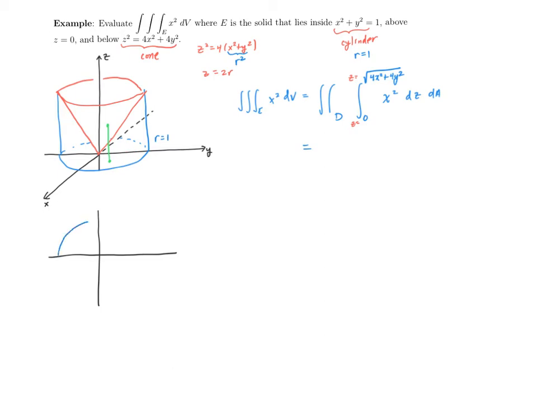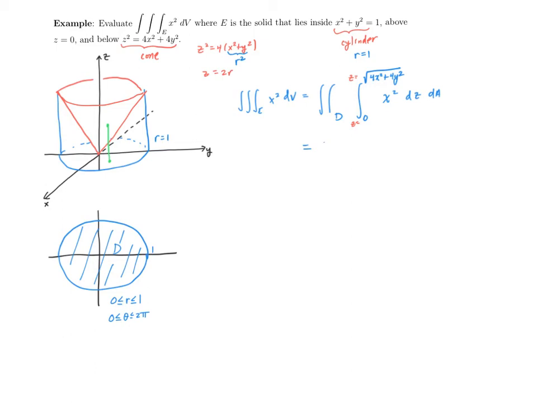So maybe we would say descriptively a disk of radius 1 centered at the origin, which is easily describable in terms of polar coordinates. Our r values vary from 0 to 1, and we're going all the way around, so the theta values are varying from 0 to 2 pi.